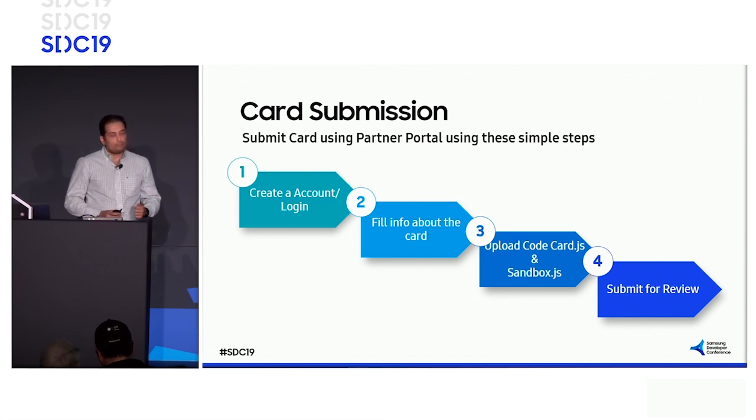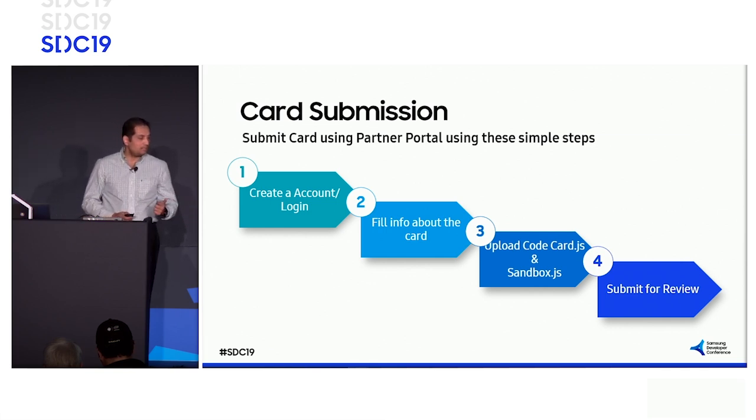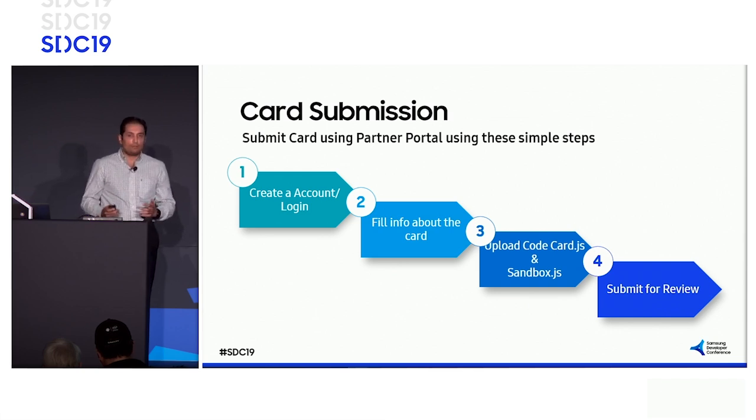We fill out some information about the icon, the title, and terms and conditions URLs and privacy policy URLs. It takes a lot of information. And eventually, we upload these two files that we created, card.js and sandbox.js, to the partner portal, and we hit the submit button for review. Once it is reviewed, it will get deployed. You will get a notification that it's ready to get deployed, and you will be able to control the deployment.